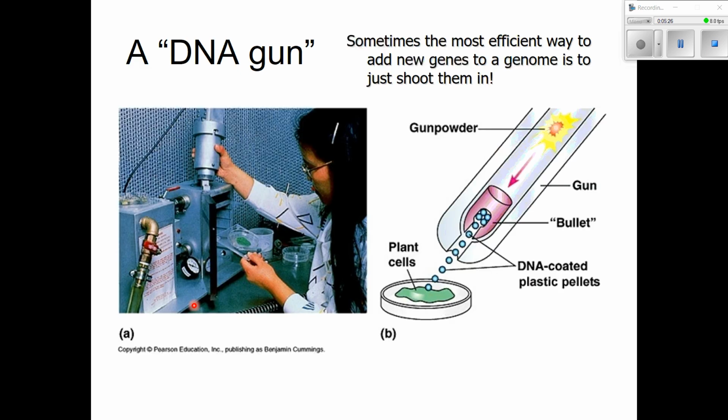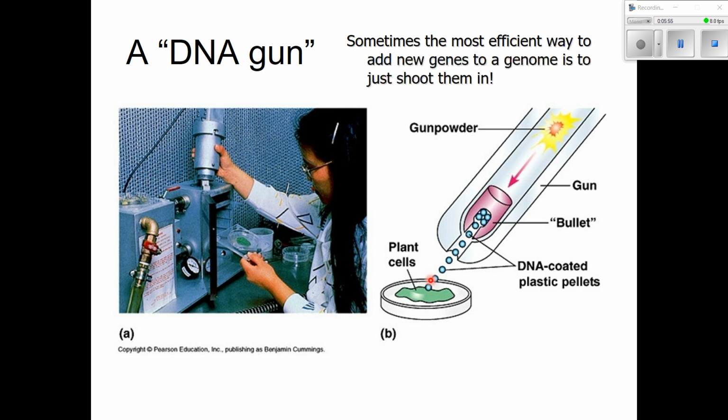If I can get this to, there we go. So you see this technician is holding the kind of barrel of this DNA gun, and it literally uses gunpowder, as you see here, like a real gun. At least the early ones did. I don't know if they still do it this way. And when the bullet, quote unquote, is fired, out comes these plastic pellets at a super high velocity, and each little pellet is coated with a small amount of DNA.